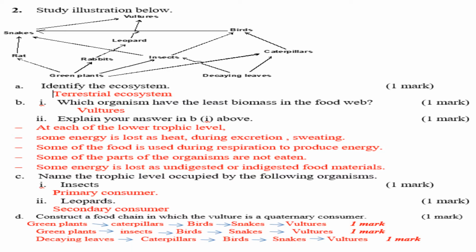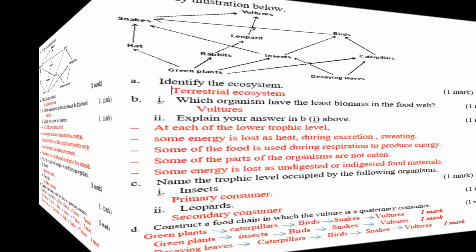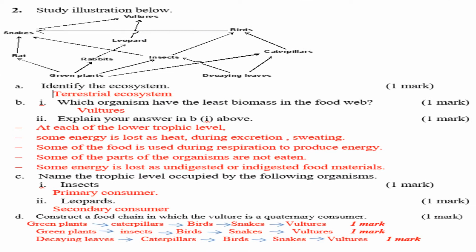Question 2b, part 2: explain your answer in B above. Why do the vultures have the least biomass? Our explanation is, at each of the lower levels some of the food is used during respiration to produce energy.